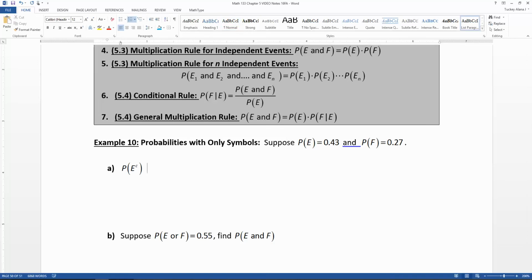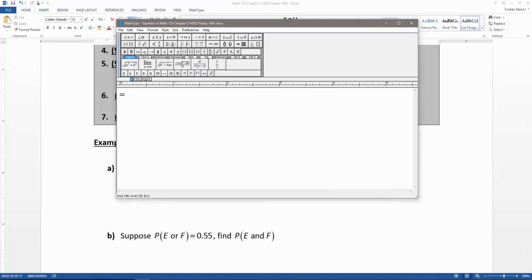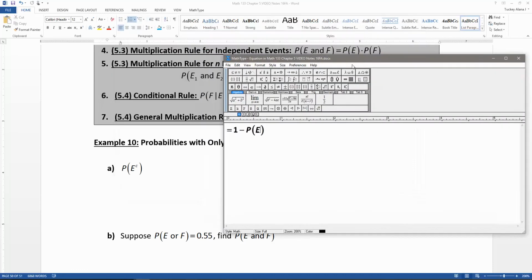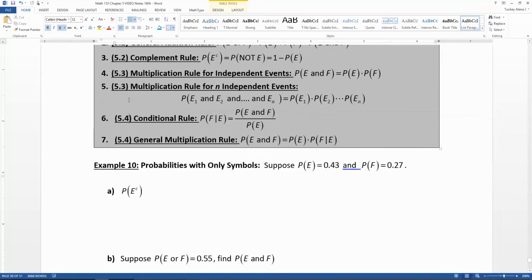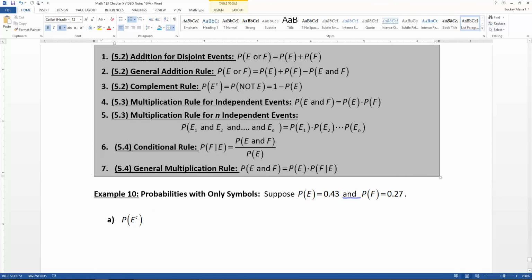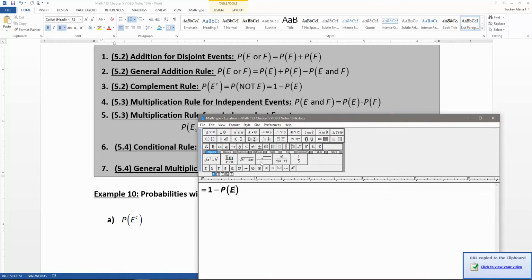The probability of E complement. E complement is, according to the complement rule, 1 minus the probability of E. It's rule number 3. Okay? So that would be 1 minus 0.43, which is 0.57 last time I looked.